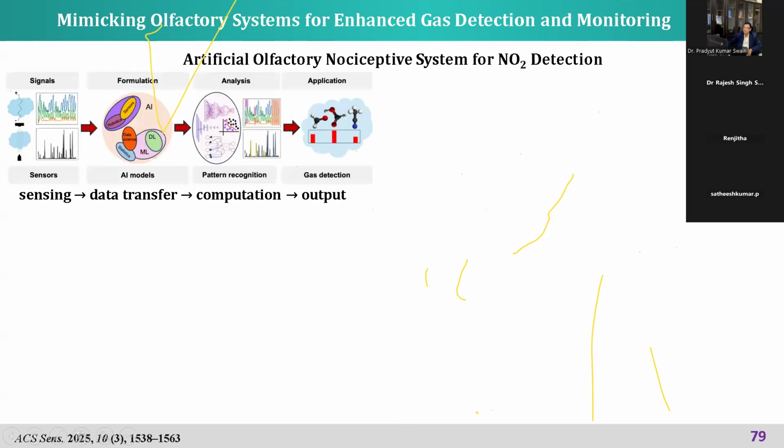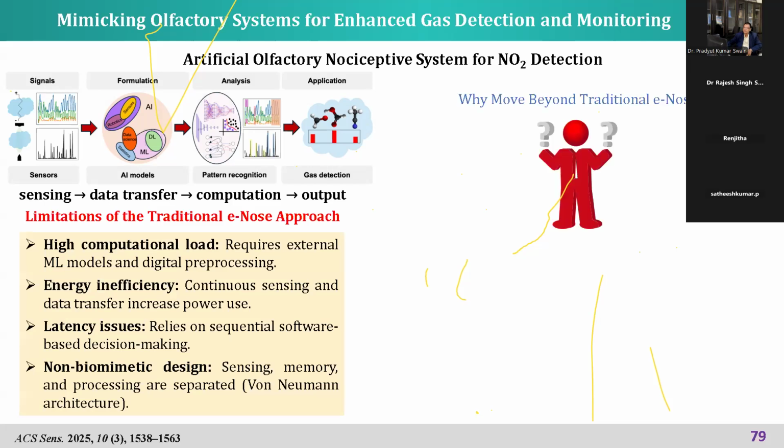Okay. Similarly, in this study, we have combined a gas sensor and another one called a resistive switch. This is kind of an artificial olfactory nociceptive system.